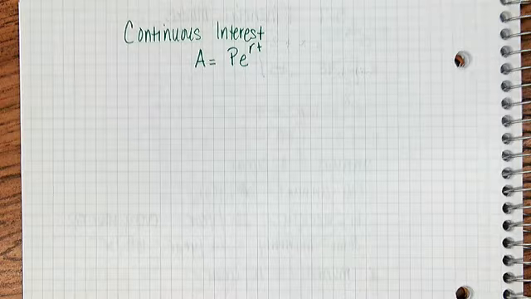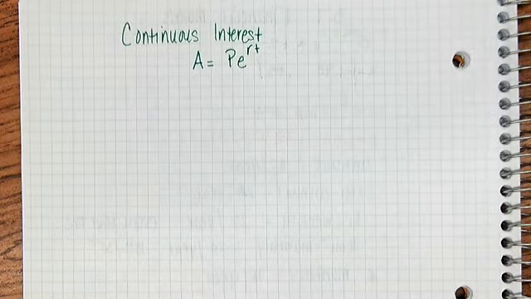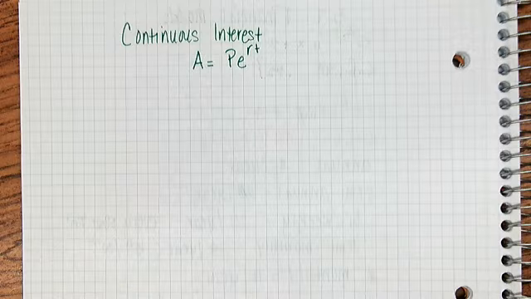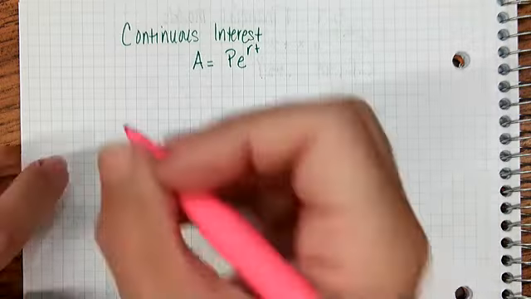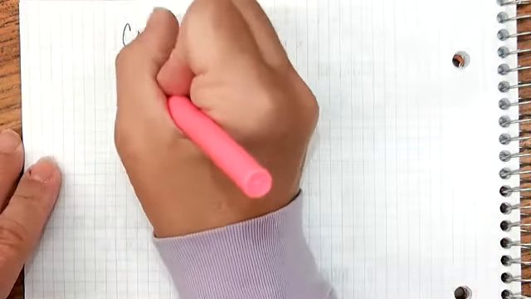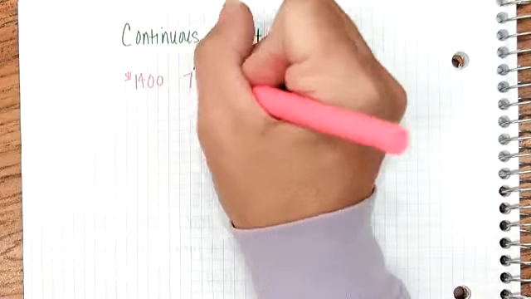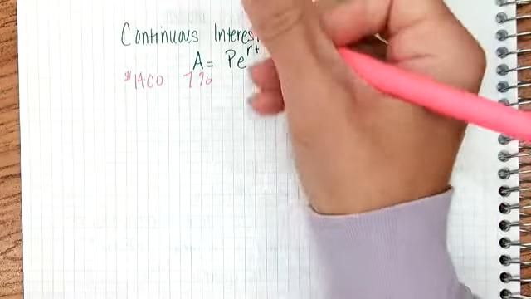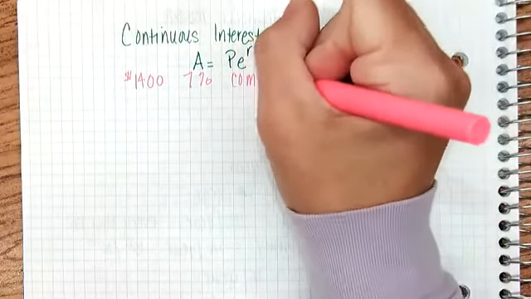Okay, so again, you'll be asked to compare, but as long as you know how to do the previous problem, compounding continuously is the same. So for example, what if I ask you that I have $1,400 and I'm investing at a rate of 7% compounded continuously.